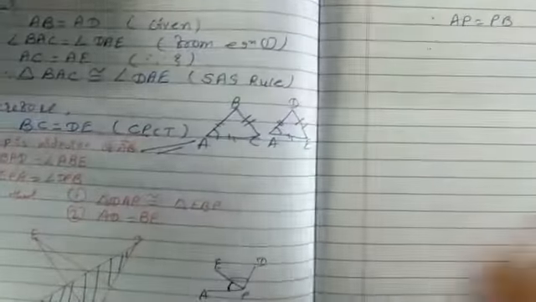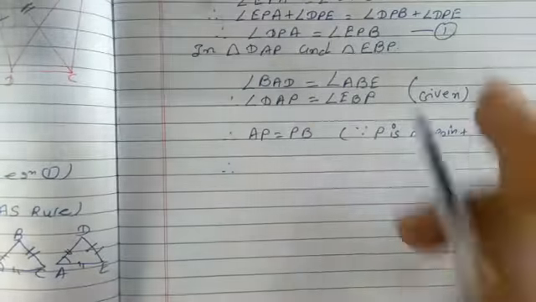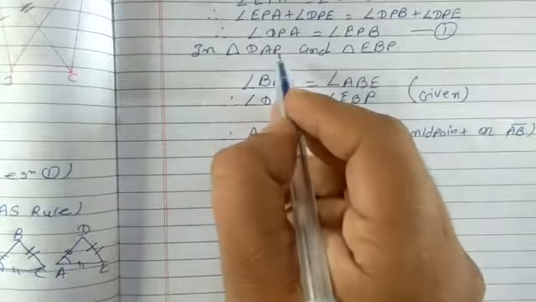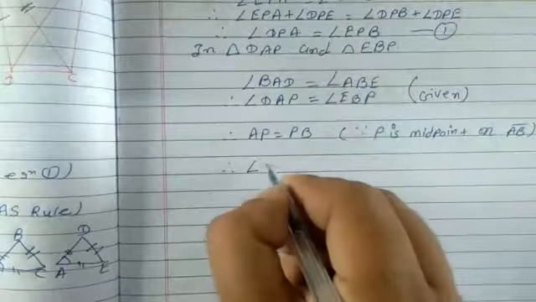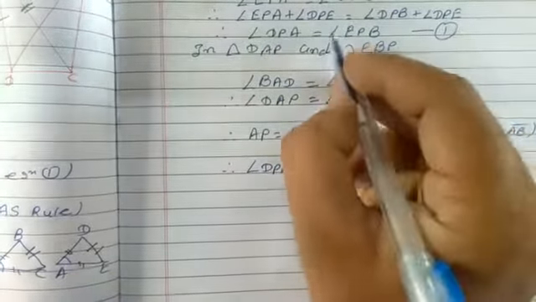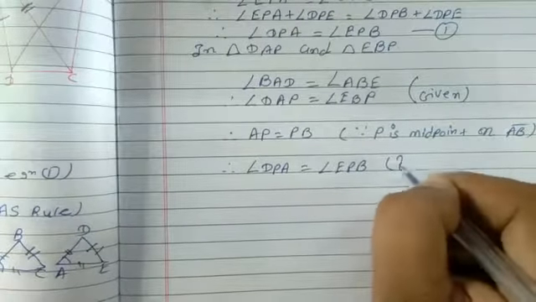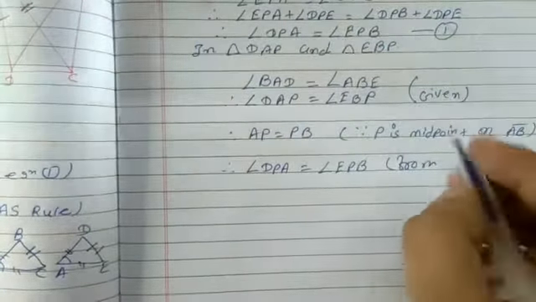Okay, we already proved that here, angle of DPA is equal to angle of EPB from the first equation.